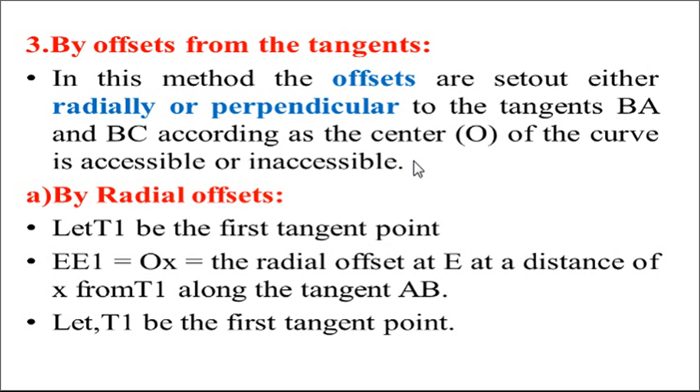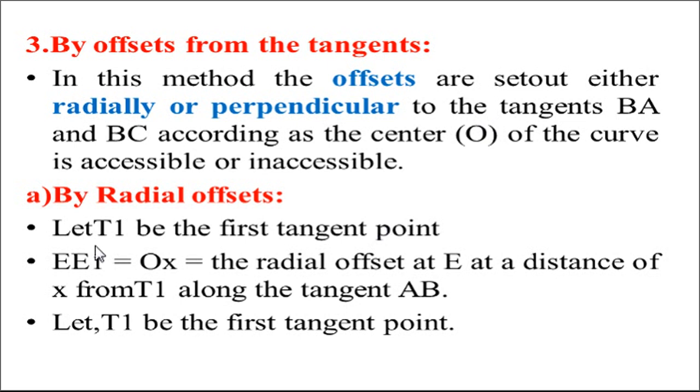So depending upon the position of the center, we set out the curve by two techniques, one radially and the second perpendicular to the tangents BA and BC. First of all, we are going to study the radial method of setting out the curve.